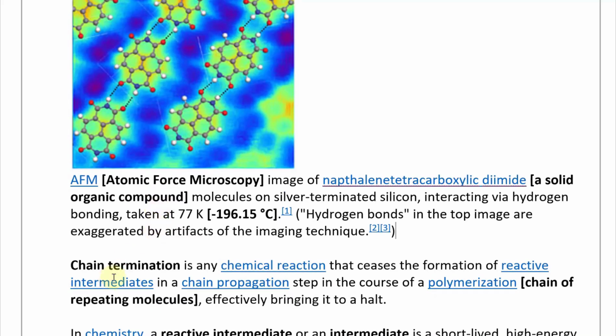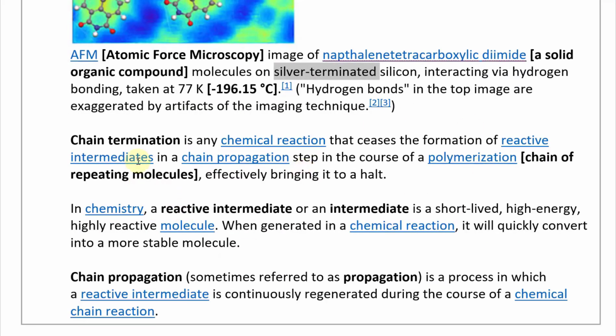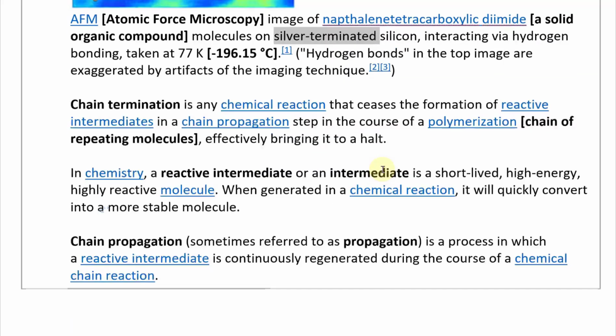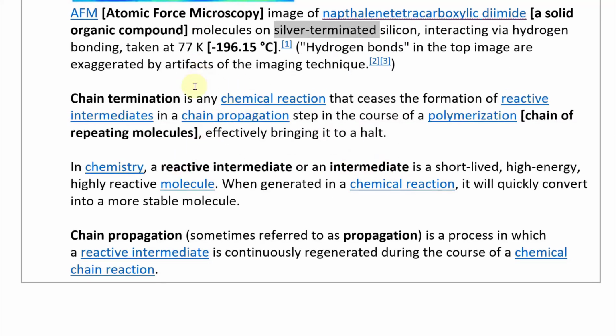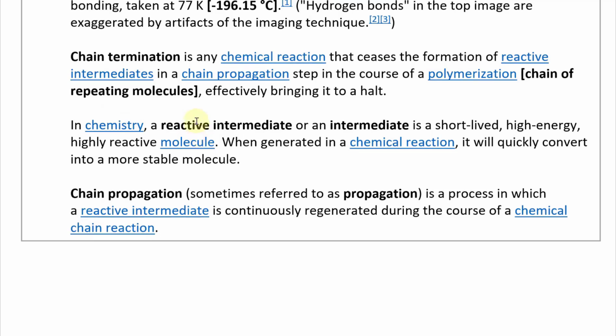And just note on this chain termination for the silver terminated, just to get more context on it. Chain termination is any chemical reaction that ceases the formation of reactive intermediates in a chain propagation step in the course of polymerization, which is a chain of repeating molecules, effectively bringing it to a halt. So it's just a bit more complex than is necessarily needed in this video. In chemistry, a reactive intermediate is a short-lived, high-energy, highly reactive molecule.